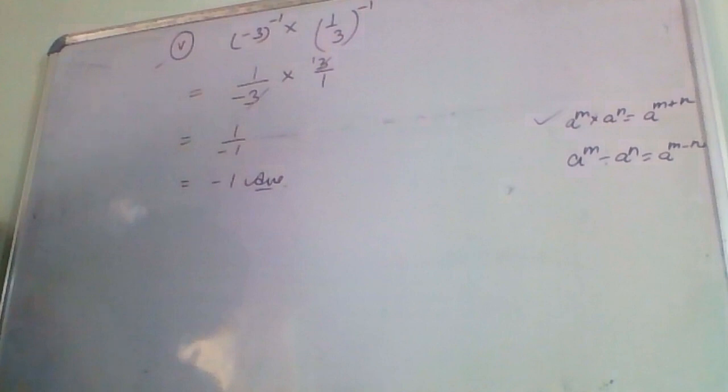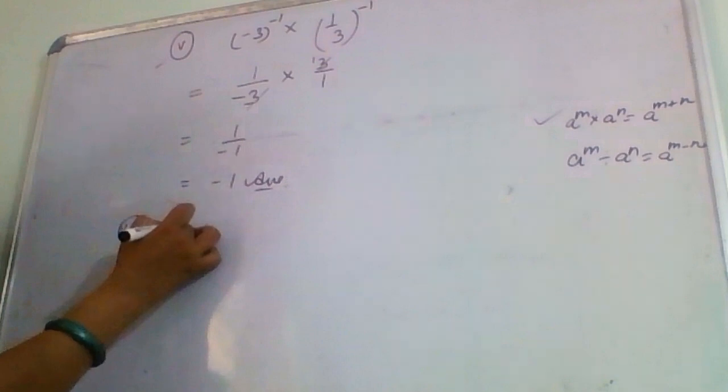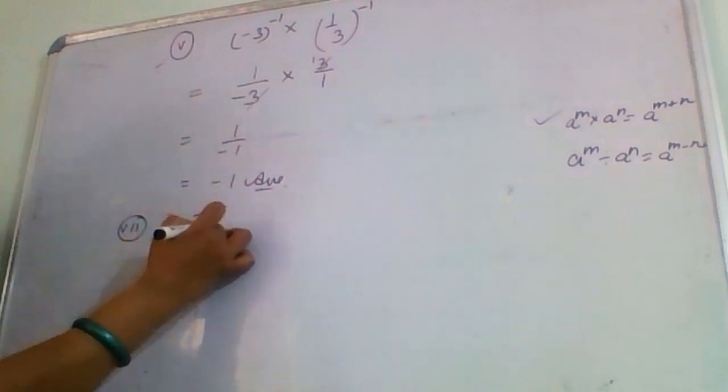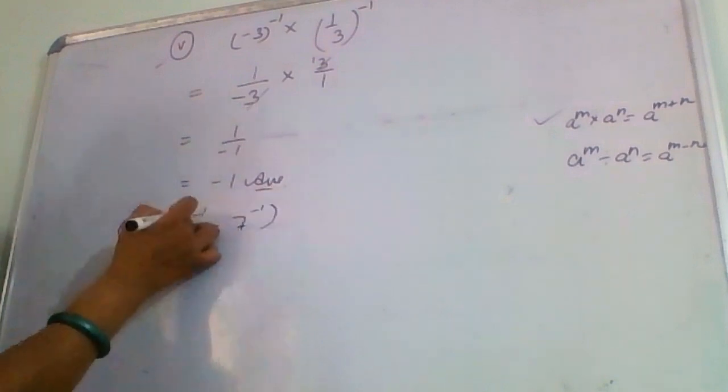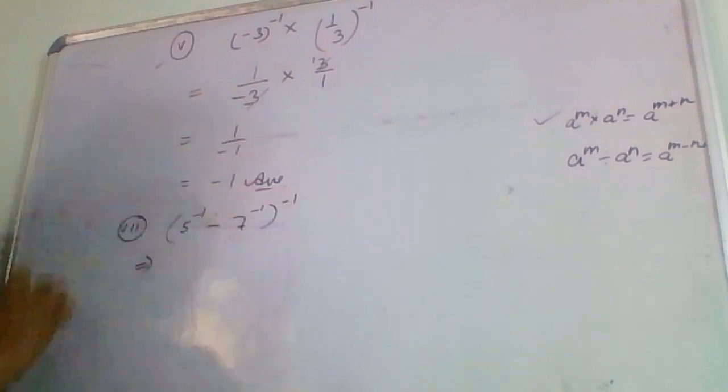What about the next? Sixth is also a similar question. The seventh question you can see. Seventh one is (5 raised to power minus 1 minus 7 raised to power minus 1) raised to power minus 1. So what I will do, first I will solve the bracket.